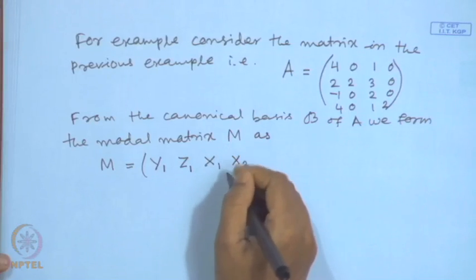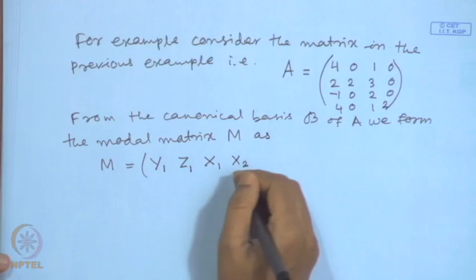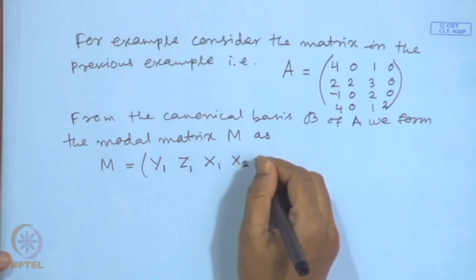Here x1 and x2 form a chain, and we have to write them in increasing type. That means x1 is type 1 and x2 is type 2.